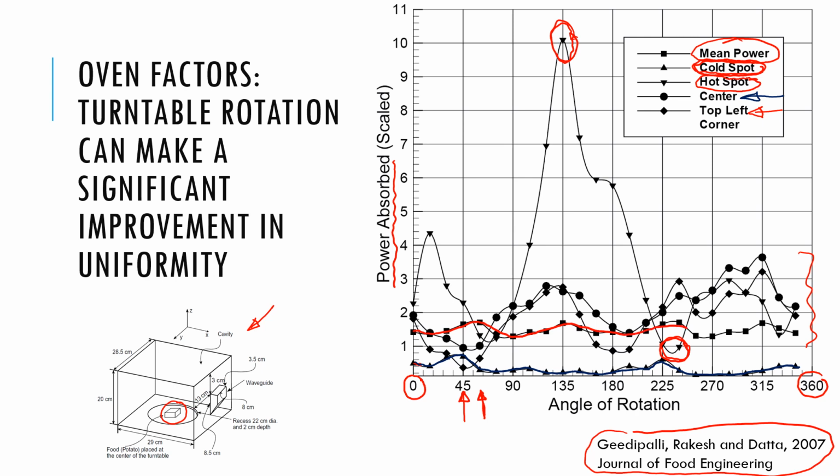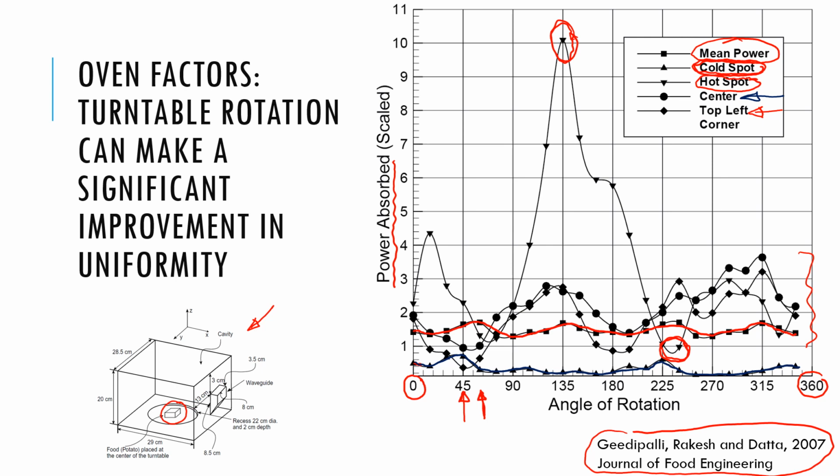So the mean power really does not change that much, which is kind of what is expected. So the main point of the turntable is that for any location in the food that would otherwise see high or low values, it averages out the energy absorption and thereby reduces the non-uniformity.